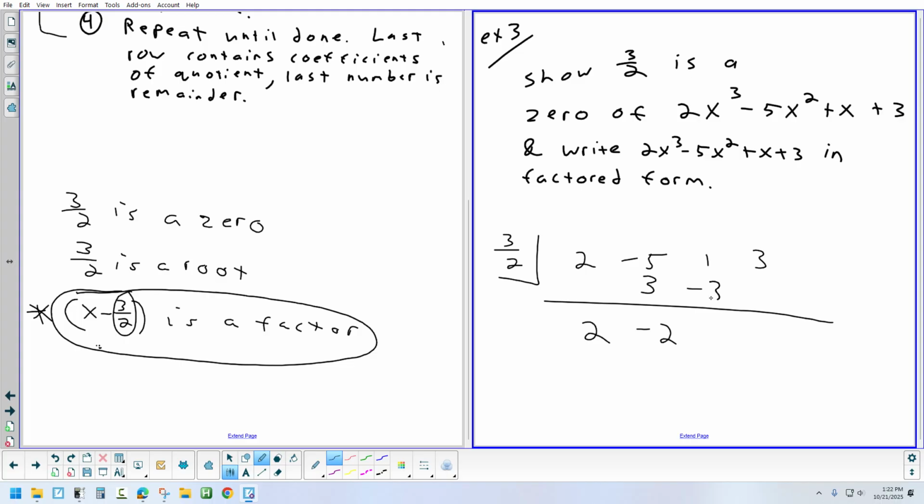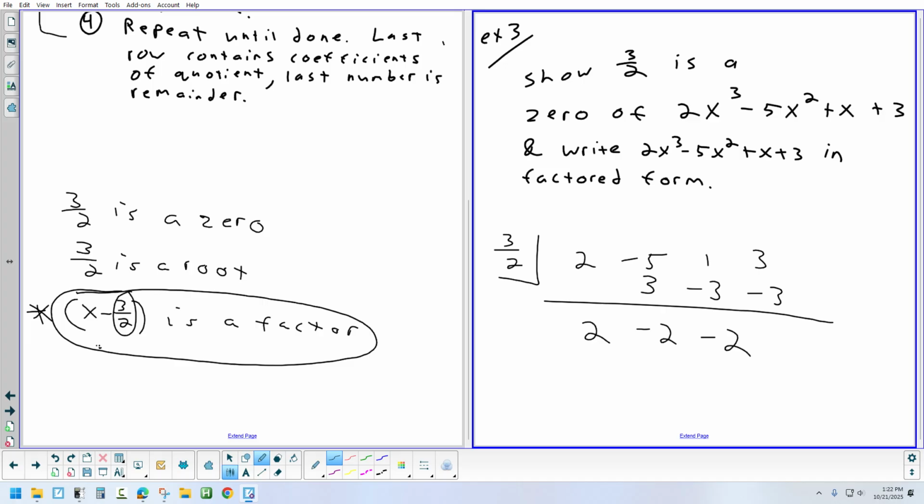And add that column up. What's 1 plus negative 3? Negative 2. And one more time, 3 halves times negative 2. Negative 3. And if we add the last column up, we get 0.